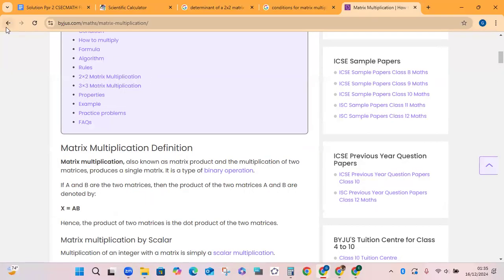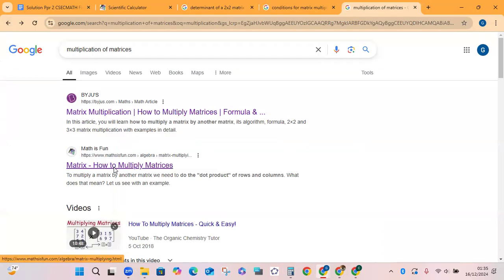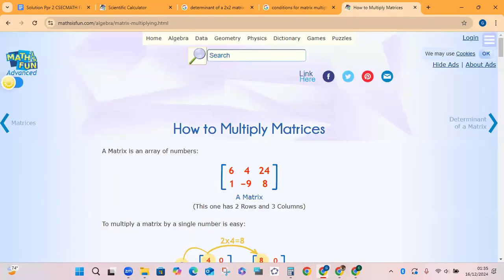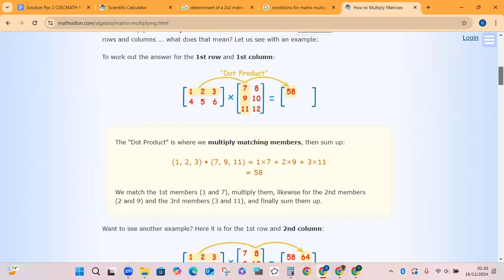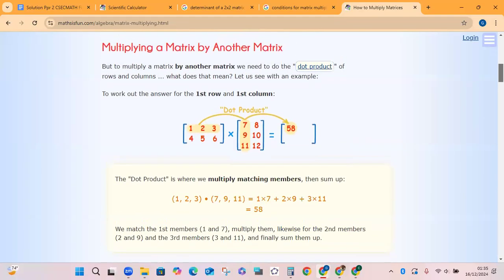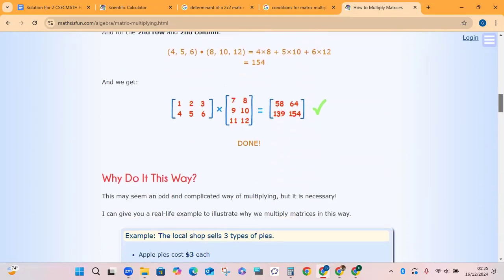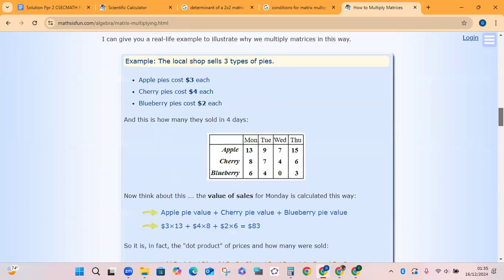This one is a little bit too theoretical. Let's have this one, it is more fun. Multiply a matrix by another. You multiply, the dot product is you multiply matching numbers. But in a nutshell, it's rows by columns.